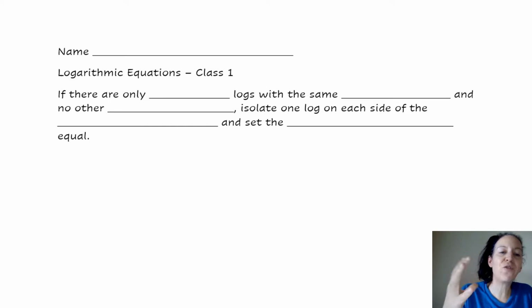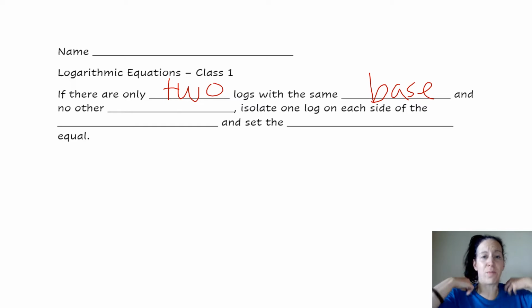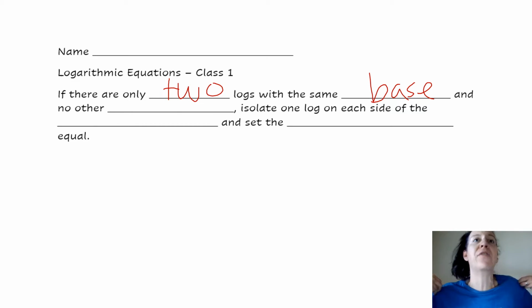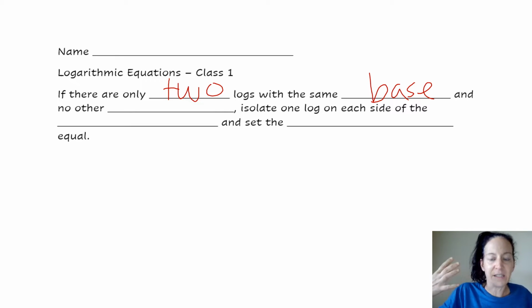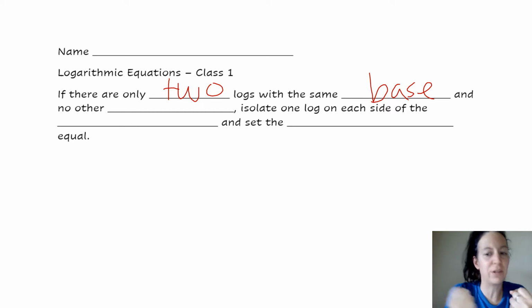So for this first little introductory blurb, it says, if there are only two logs with the same base, and honestly, in all of the problems I've done in logs as a math teacher and as an engineer, and also taking a lot of science classes, I've never seen the bases not match in a problem. That's not to say that there aren't some cases where they might not match, but it's not something you need to lose sleep over.